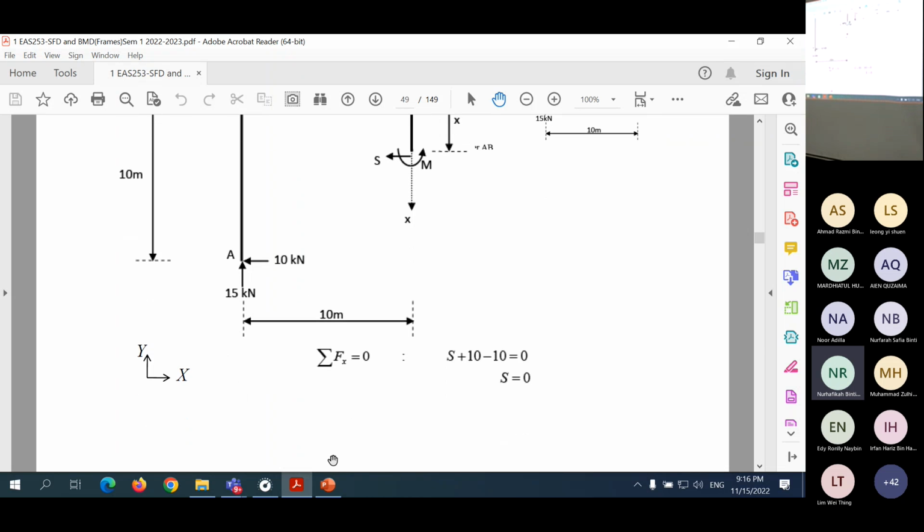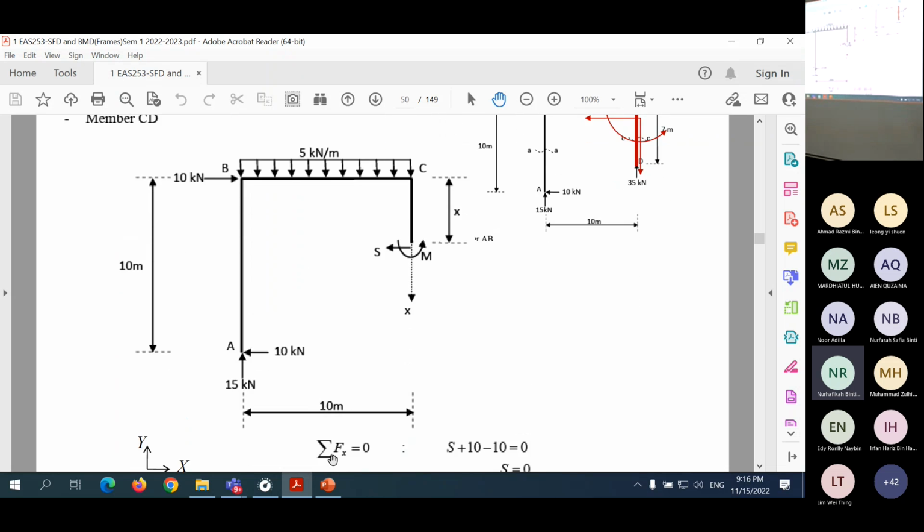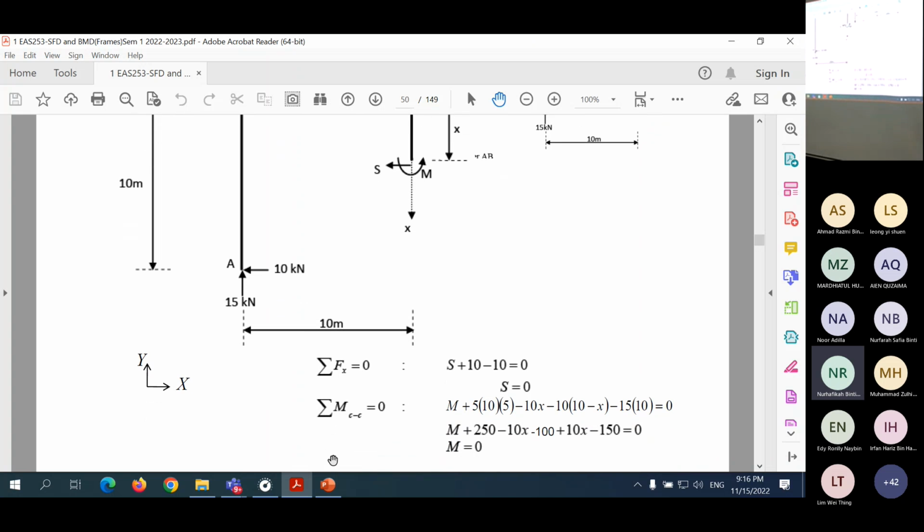Then repeat for bending moment. For bending moment, if you take moment at the cut section, these will be the equations involved. You must be familiar now with how to consider moment caused by different types of forces at the section here.